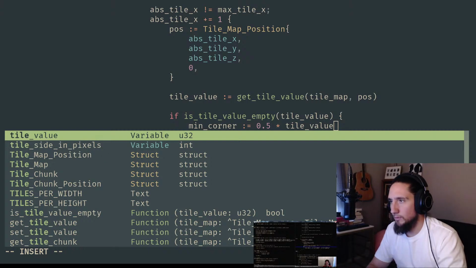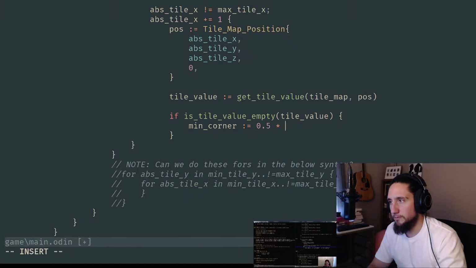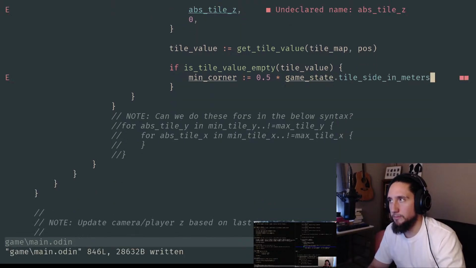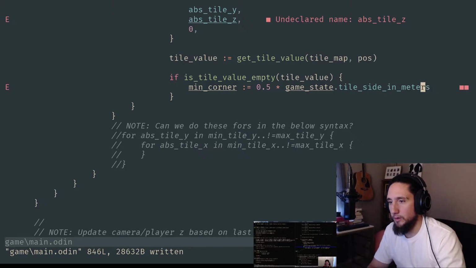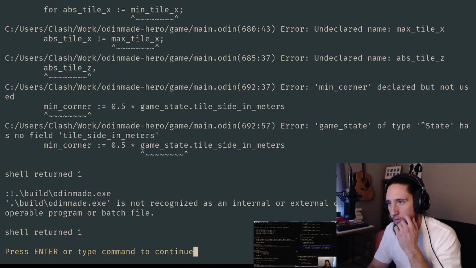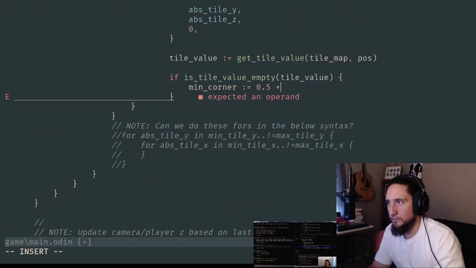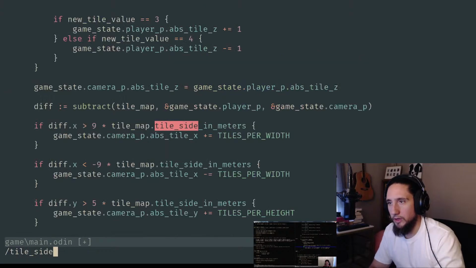I'm guessing that is on the game state, and that's why I can't see it. Something like that. Is that right? What is this saying? There is no tile side in meters. Huh. Where is tile side in meters?